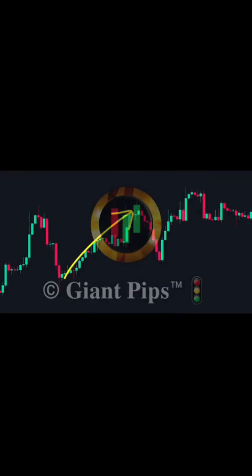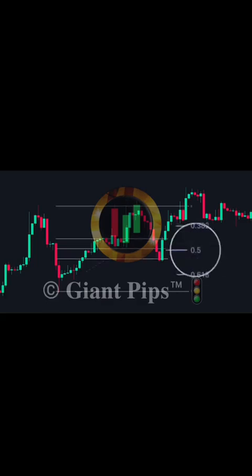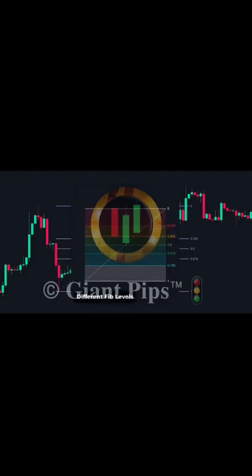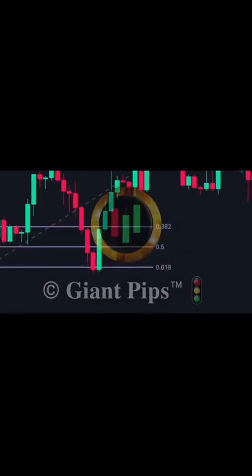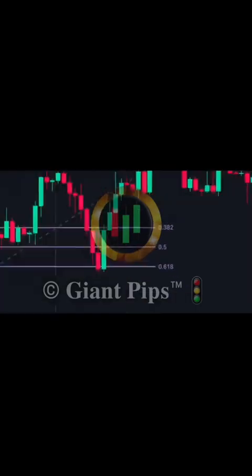Whenever we see a solid trending move, we need to plot the Fibonacci retracement tool from the start to the end. This gives us 3 levels where we expect the price to pull back. A lot of traders use different Fibonacci levels for their trading. But, through our experience, we have discovered that most pullbacks fall at 3 key levels.